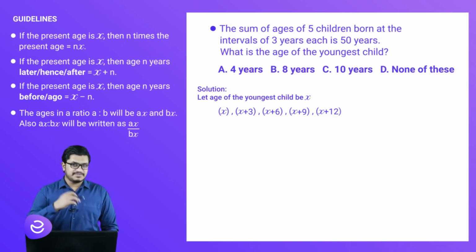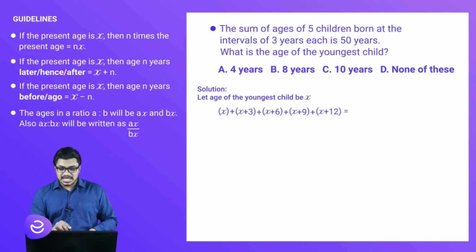So we can easily take it into an equation: x plus x plus 3 plus x plus 6 plus x plus 9 plus x plus 12. Instead of the commas, we just put an addition sign. If we add all this, we will get 50.